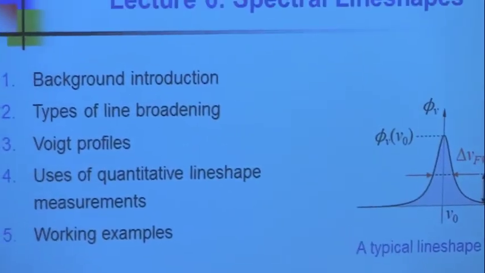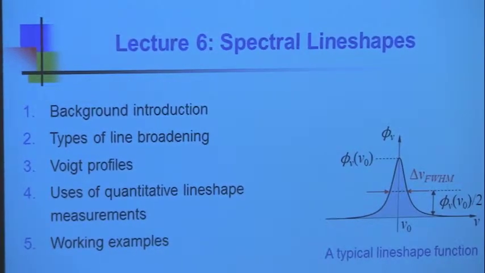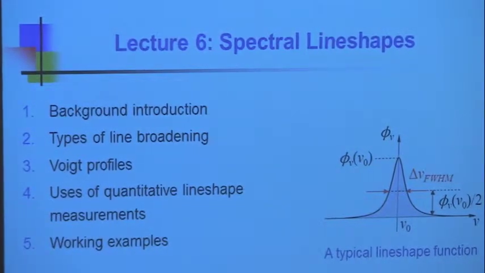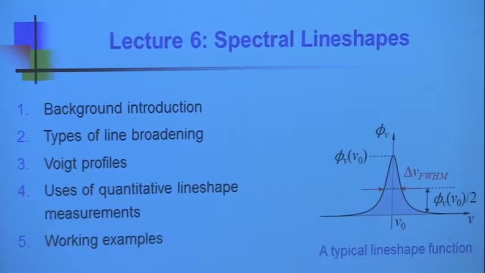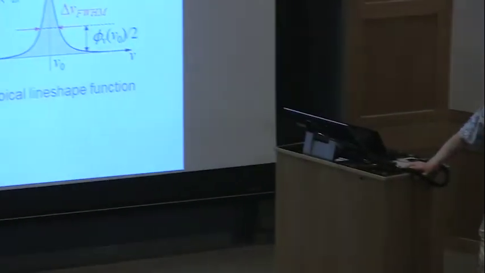I got intrigued with the idea that the shape of these lines actually depends upon pressure, temperature, even velocity. And so I got intrigued with the idea that we could use this information, now available with laser absorption measurement, to characterize the gas dynamic parameters, not just the concentration of the species, but also other properties. So I've always been really interested in line shapes.